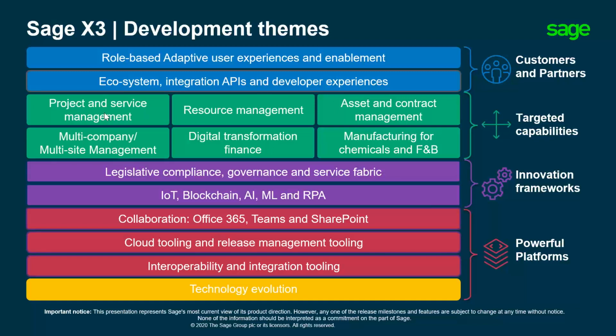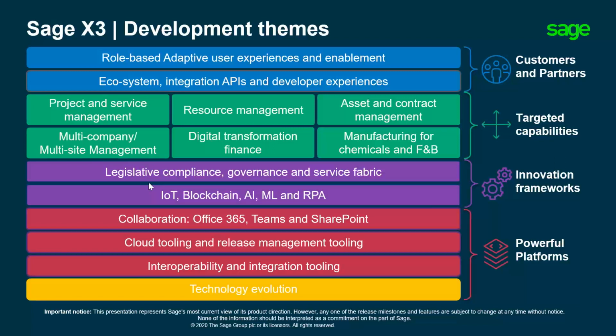One of the examples is project management, which is a horizontal capability because we are covering project management across the value of business operations, from sales, purchase, inventory, manufacturing, and of course project management, and also the CRM in X3. So this means horizontal capability. Another horizontal capability is multi-company management.